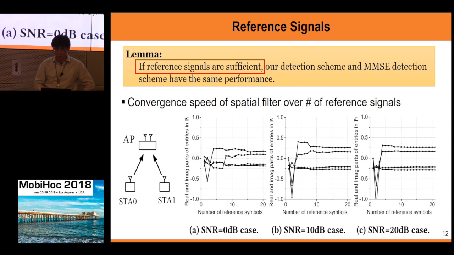When the SNR is 0 dB, the reference signal is almost sufficient. For the SNR of 10 dB case, 10 reference signals are almost sufficient. And for the SNR of 20 dB, 4 reference signals are sufficient.